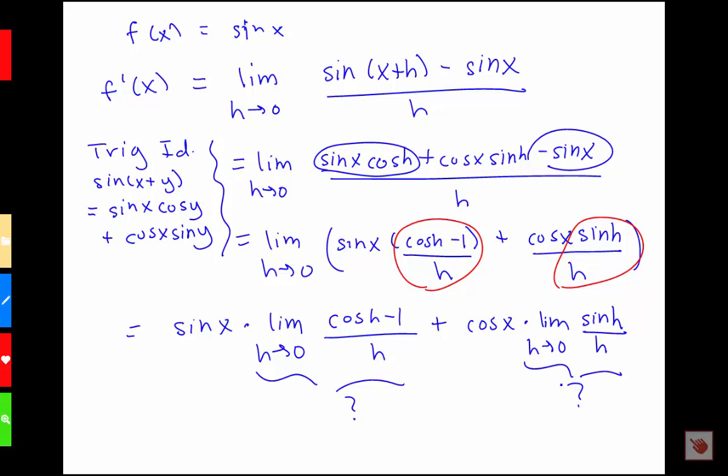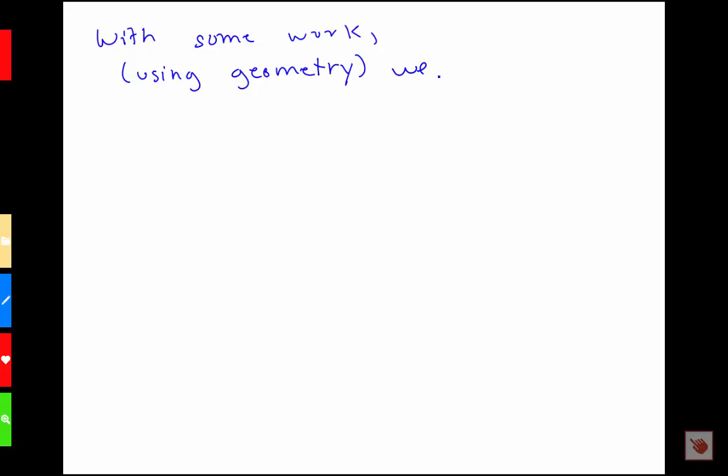Okay, so the question is, like I said before, what are these two limits equal to? Let's investigate that a little bit further, starting with sine h over h. With some work, which we won't go through all the details of here, using geometry, we can show a certain inequality holds for that sine h over h.